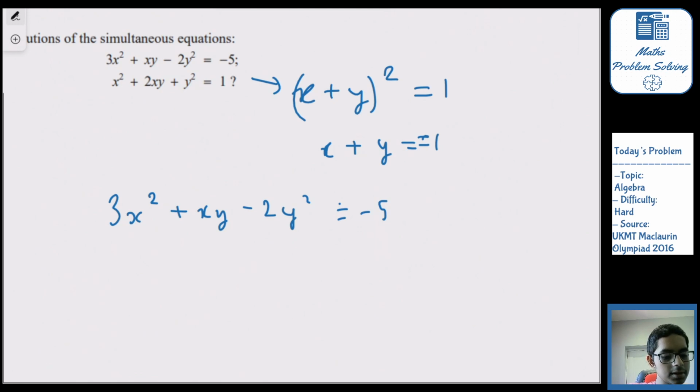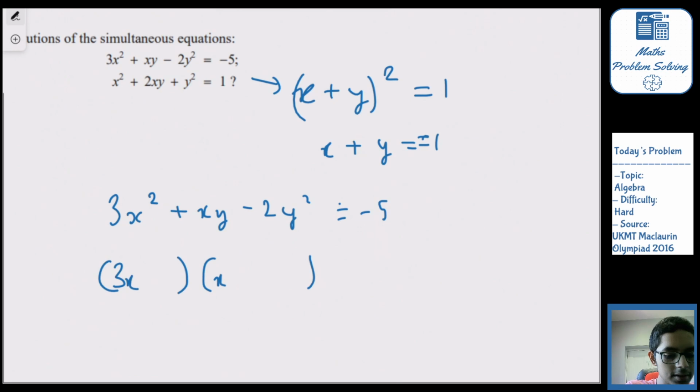The 3x squared term must have arisen from multiplying an x term by a 3x term. So if we write our brackets like this, there's a 3x term here and there has to be an x term here, because both of them multiply to give us 3x squared.